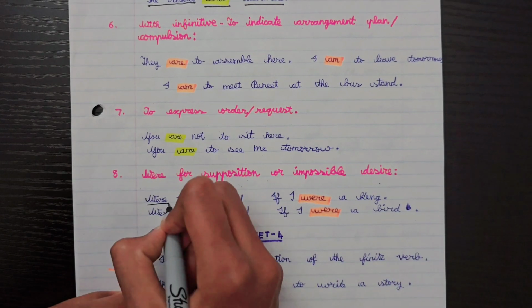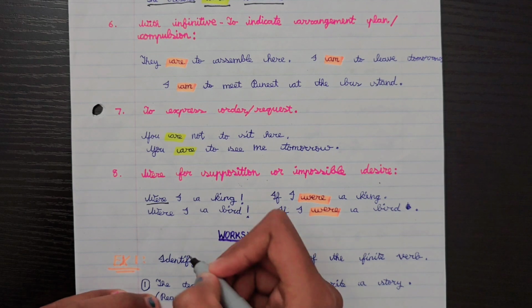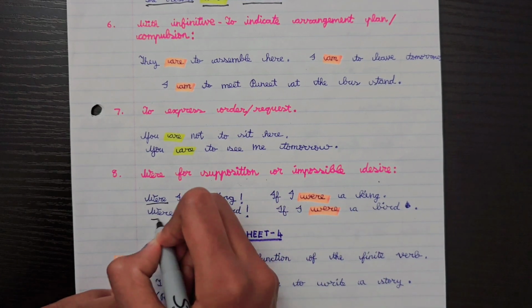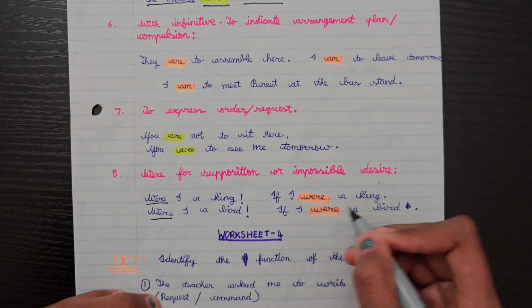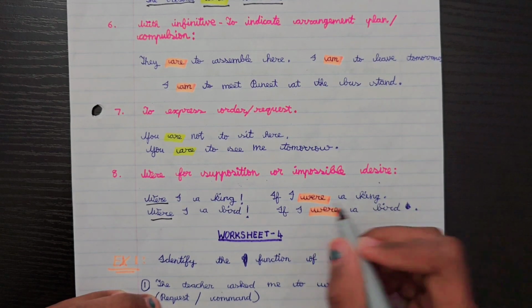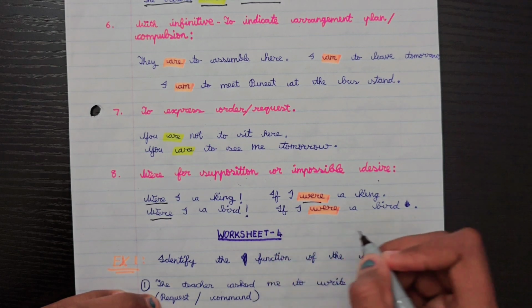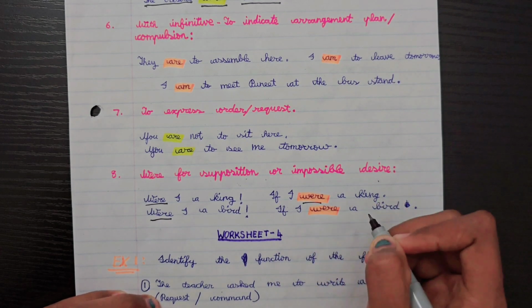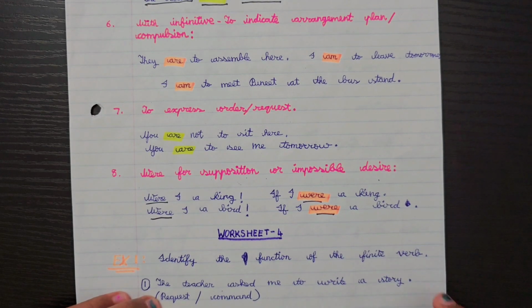So we're using were here, and were is the special finite verb in this sentence. Were I a bird? So in this sentence, were is the special finite verb. If I were a king. You could also write like this. If I were a king, were is the special finite verb. And if I were a bird, it is impossible, right? So were is the special finite verb.